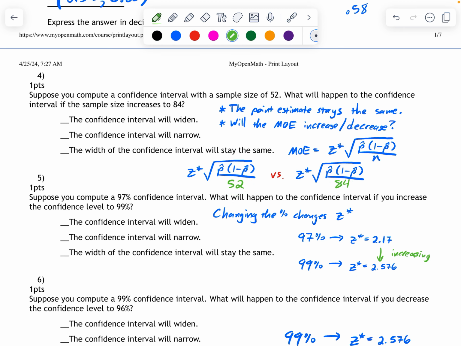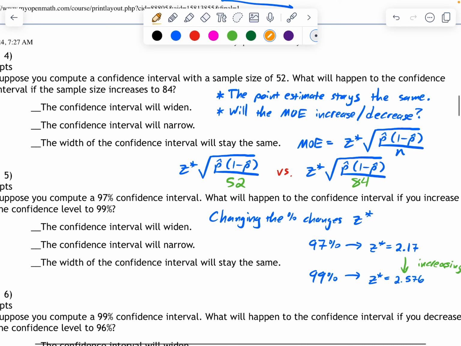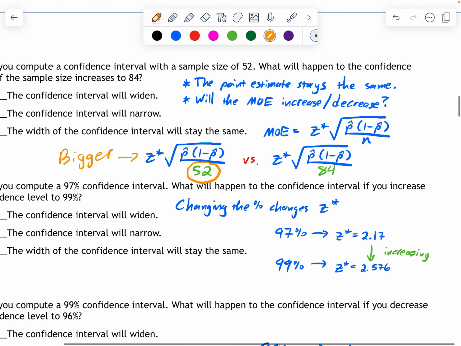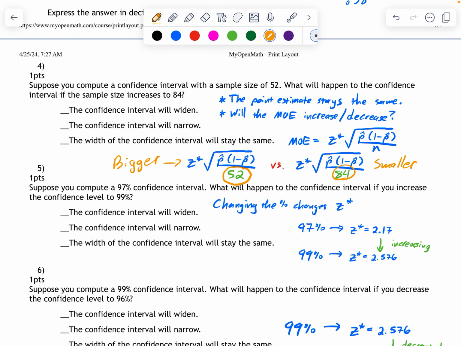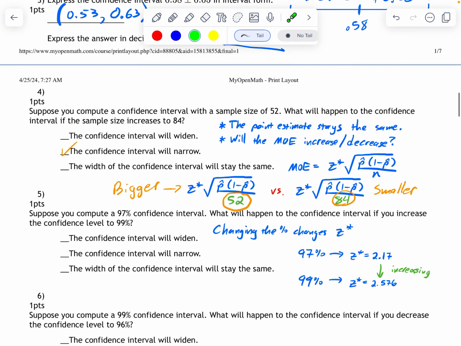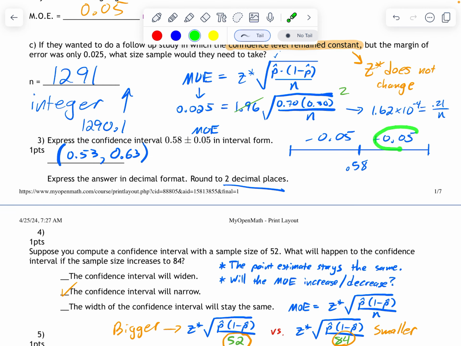So this one on the left will actually be bigger, right? Because I'm dividing by a smaller number. And this one will be smaller because I'm dividing by a bigger number. So it will get narrower because my margin of error gets smaller, right? If this margin of error became smaller, then the interval would shrink.